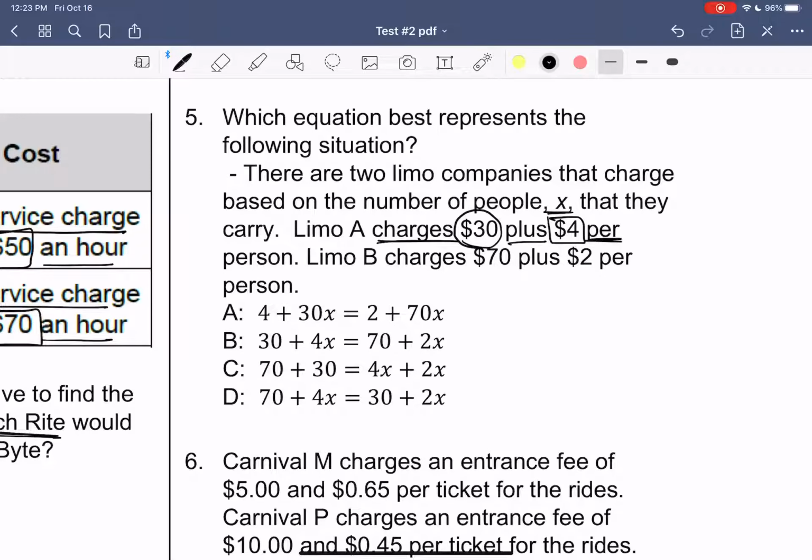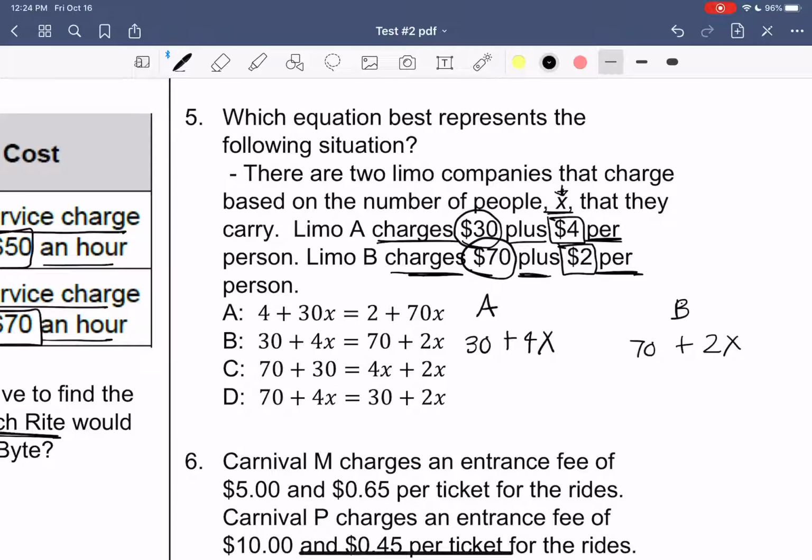So we know that's our variable. And then the same charges $70 plus $2 per person. So I'm going to take Limo A, we have $30 plus $4 per person. They told us to use X right here in the question. And then company B, we have $70 plus $2 per person.